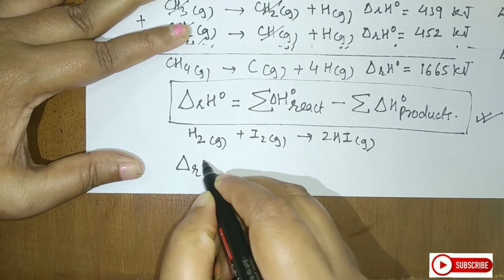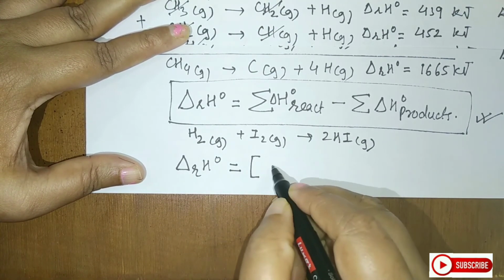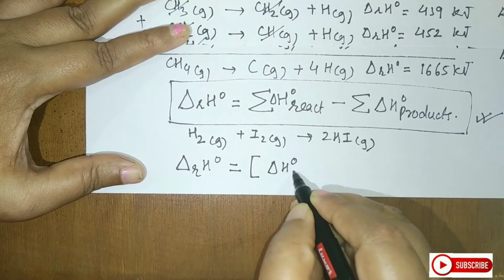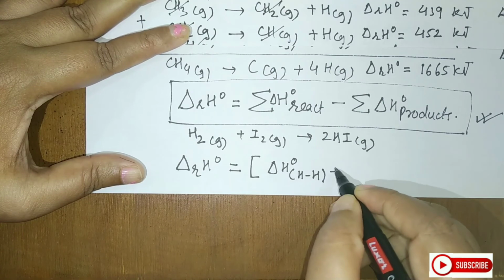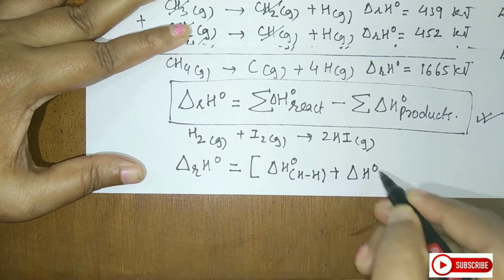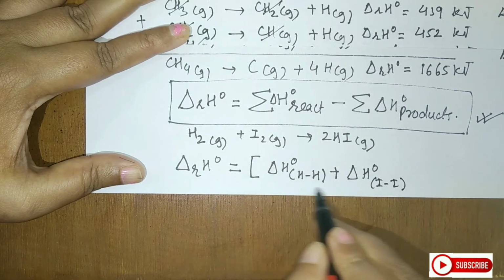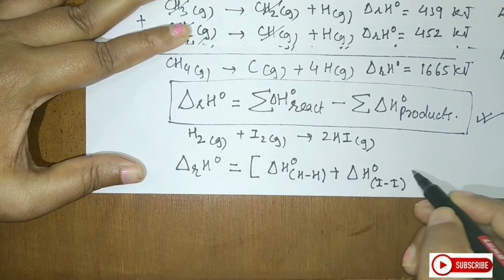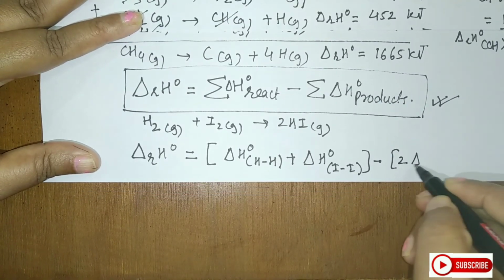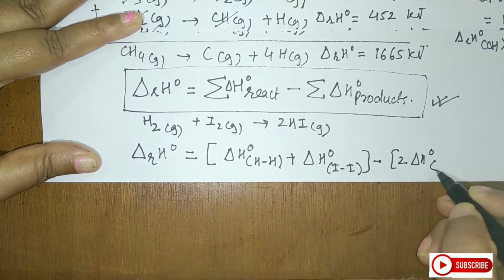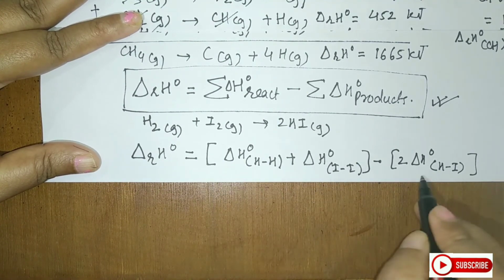Now the enthalpy of reaction, that is standard, is equal to the bond enthalpy for HH plus bond enthalpy for I, that is this. So the total I have taken for the reactants minus 2 times the standard enthalpy of HI. So here it is reactant and this is product.